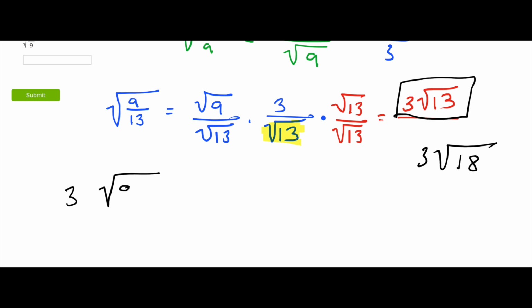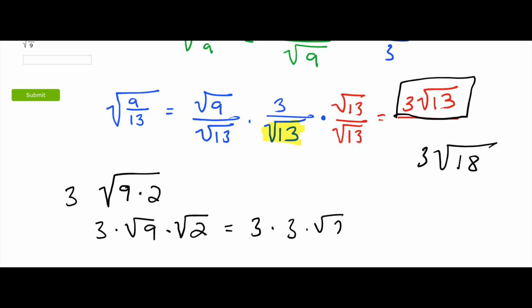I know 9 has a perfect root, and that's times 2. So that's really 3 times root 9 times root 2. Then the 3's out, and you have 3 times 3 times root 2, which is 9 root 2.